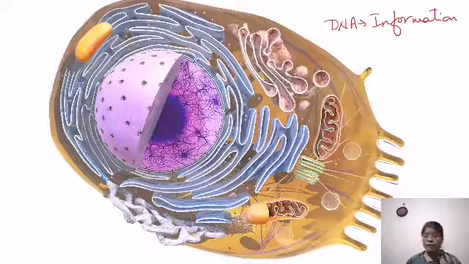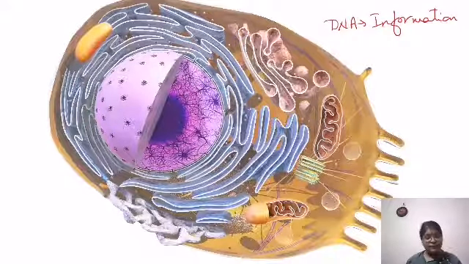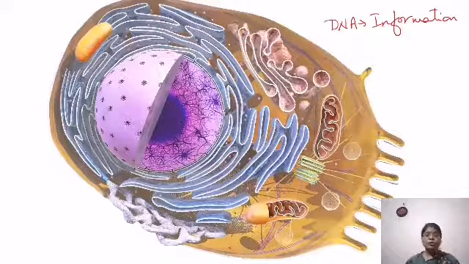If it has the information for controlling the various activities of the cell, then this information must express itself. How does it express? Suppose you have information. Just having that information is of no use. Suppose you know your subject, ultimately you have to write in your exams, so it has to be put into a response form, into an action form.